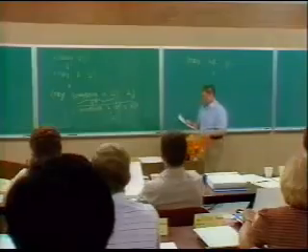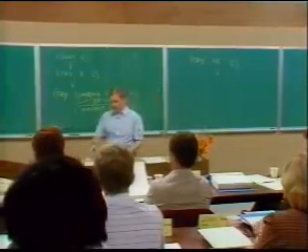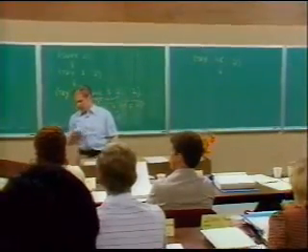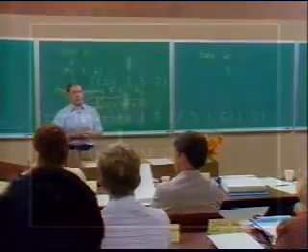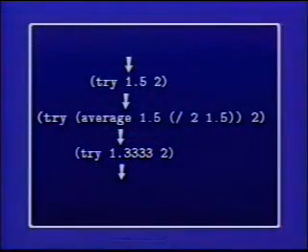Let's look at the rest of the process. If I try 1.5, it turns out to be not good enough as a guess for the square root of 2. So that reduces to trying the average of 1.5 and 2 divided by 1.5 as a guess for the square root of 2. That average turns out to be 1.333.